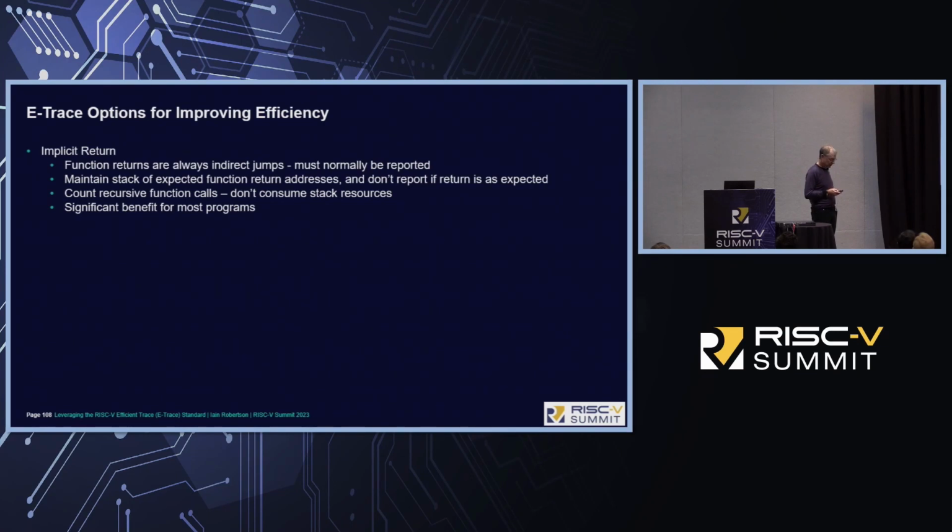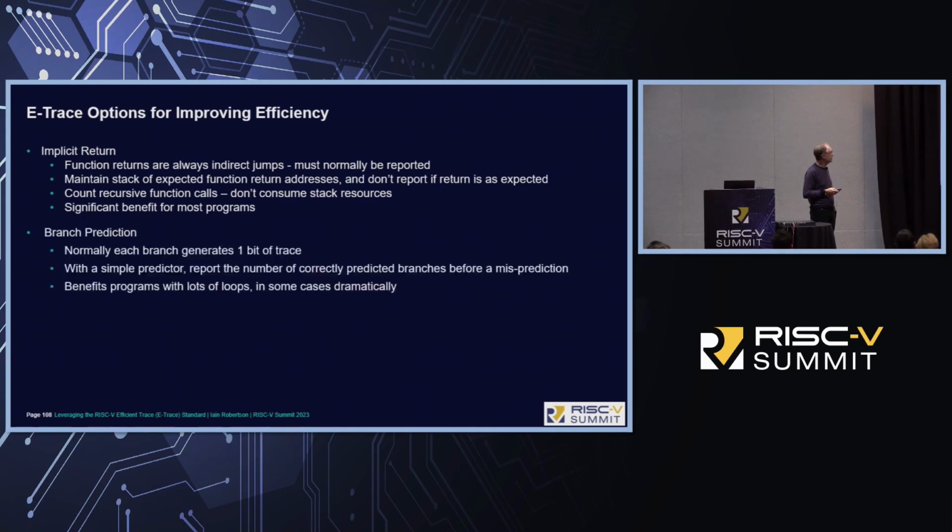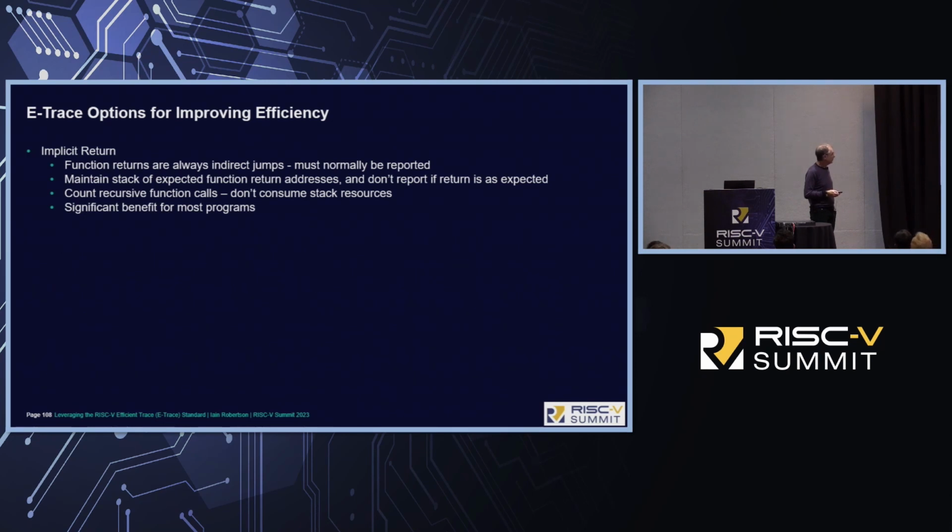And the way you do that is in hardware, you push the predicted return address onto a stack. When the function returns, you compare that with the expected return address, and if they match, then there's no need to generate a trace packet including the return address at all.